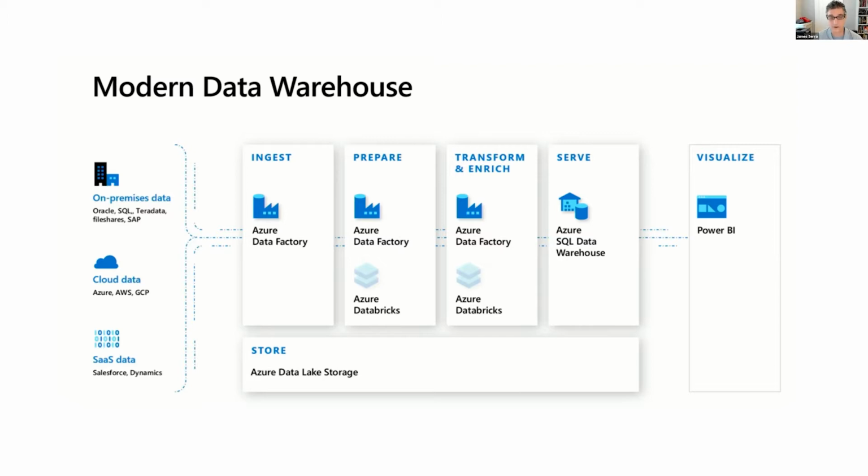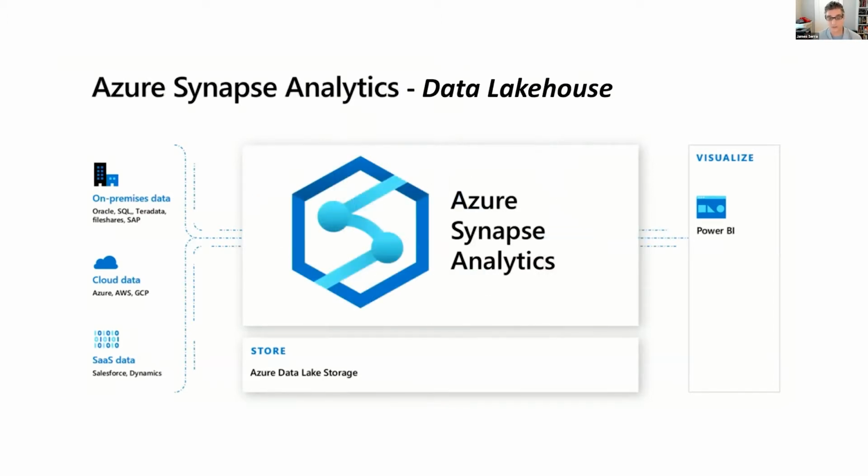But that's where Synapse Analytics comes into play: that single pane of glass that can allow you to use all these technologies and not have to jump out to a new tab or a new workspace. So it makes it much easier if you're trying to build a modern data warehouse to not have to leave that single pane of glass.